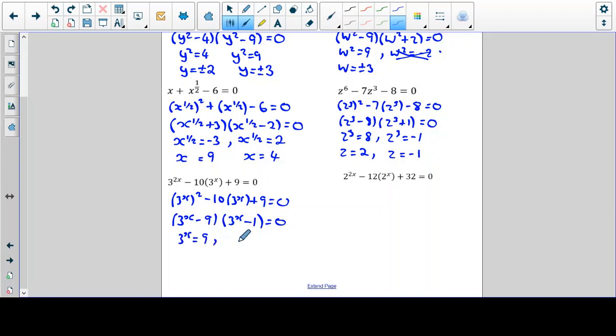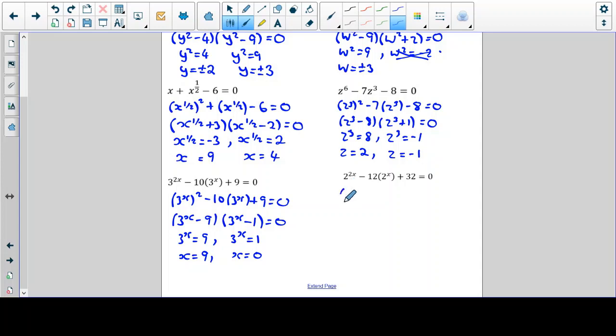So 3 to the power of x equals 9 and 3 to the power of x equals 1. Now we're saying, what power would you stick on a 3 to give you 9, and what power would you put on a 3 to give you 1? Well, you would have to square 3 to get a 9, and a power of 0 will produce the 1.